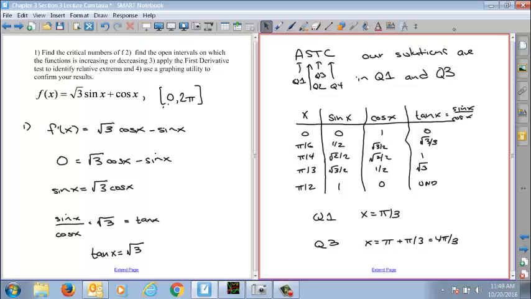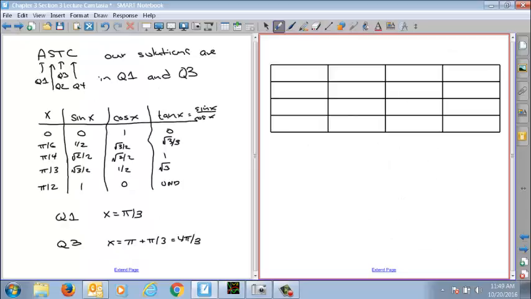So we use that information to create our table where our domain is not negative infinity to positive infinity, but is from 0 to 2 pi. So we still have the same headings here: the interval, the x value, the sign of the derivative, and our comments about decreasing or increasing.